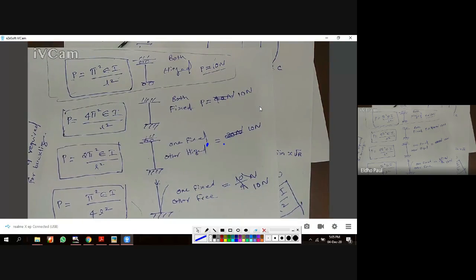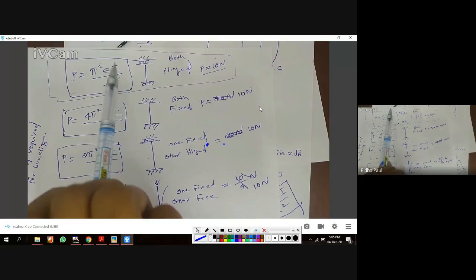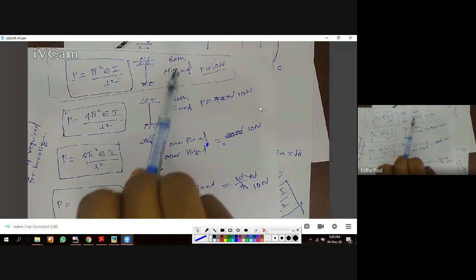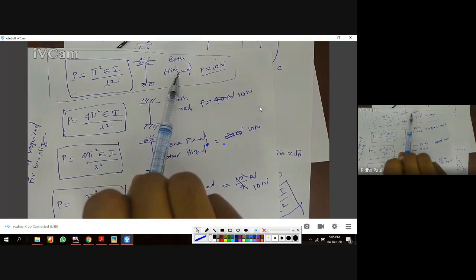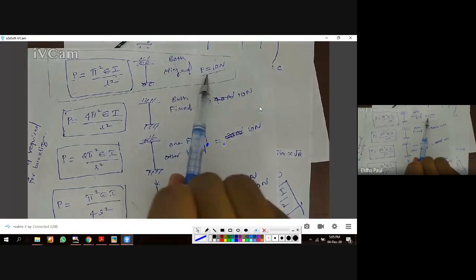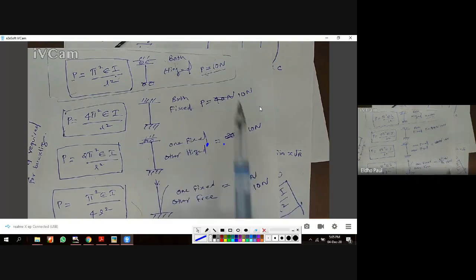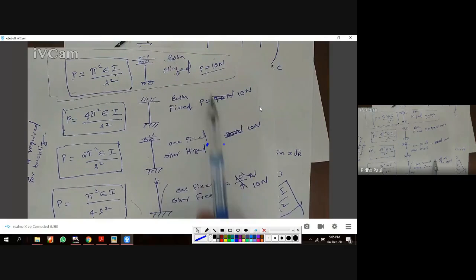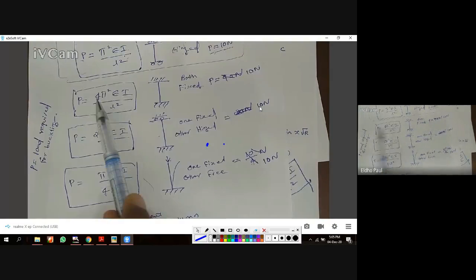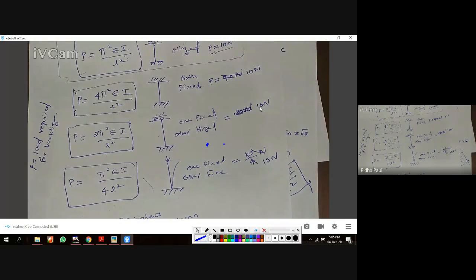That is the effective length of the column. For the calculation of effective length, we take the reference as both ends hinged. For both ends hinged, we have a particular buckling load. For the similar buckling load for these 3 end conditions, what is the length required? That is called effective length.